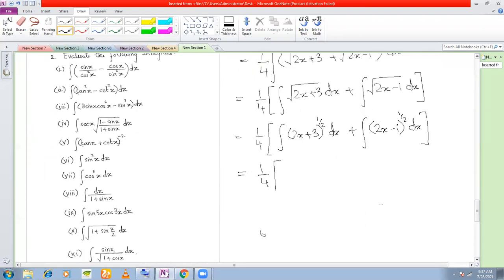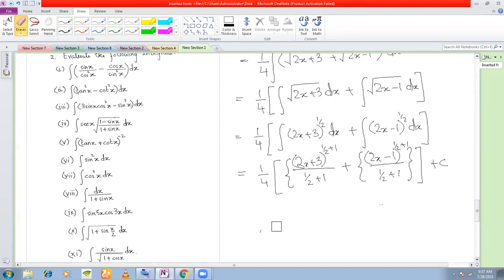Now you can integrate 2x plus 3 to the power of half plus 1 divided by half plus 1 plus here you have 2x minus 1 to the power of half plus 1 divided by half plus 1 plus a constant. And now you just simplify this to get your answer.